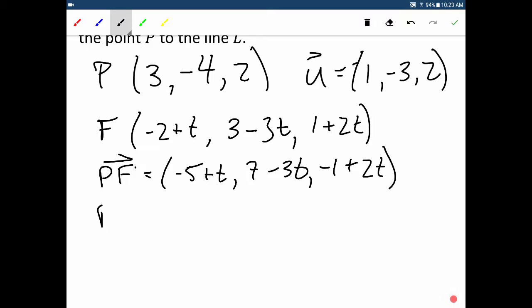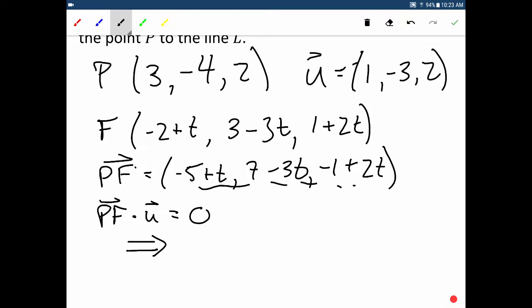And since I know that the dot product of PF with U is equal to 0, what I can do is say all this stuff here is going to have to equal 0.